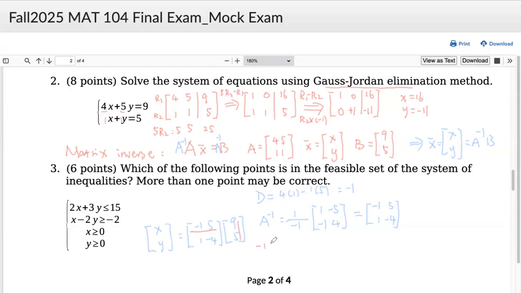So we do negative 1 times 9 plus 5 times 5. We'll get negative 9 plus 25, which is 16.